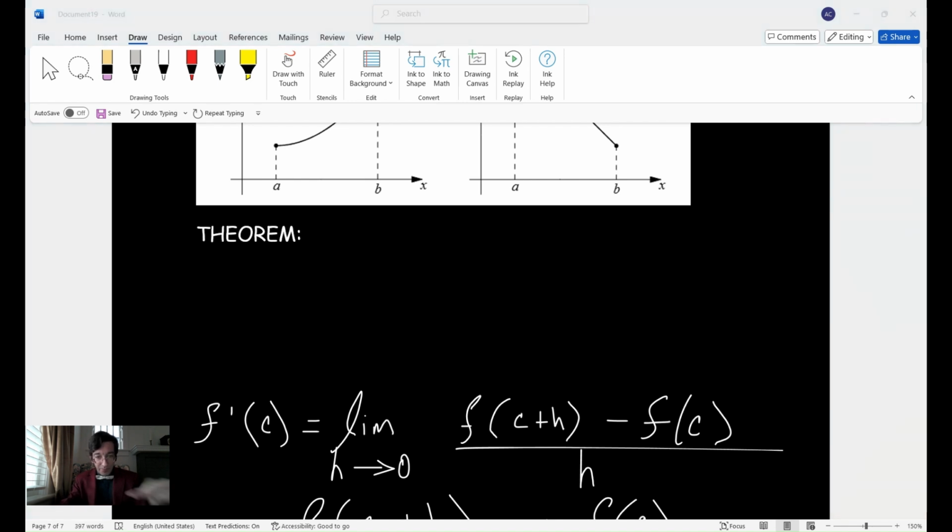And the theorem, if I write it out: f must be a continuous function on a closed interval.